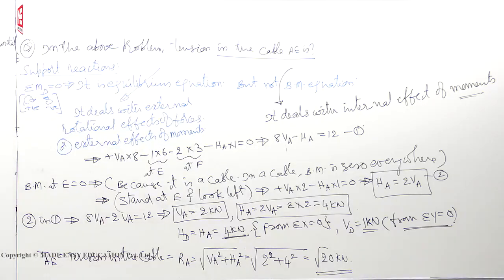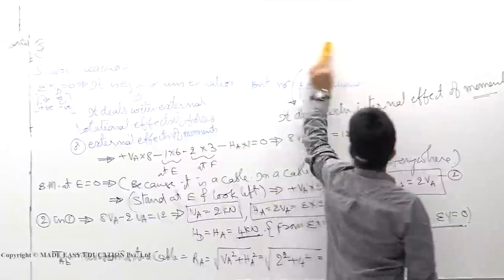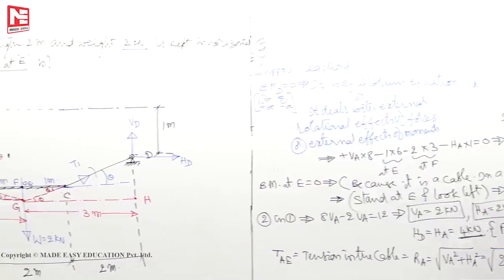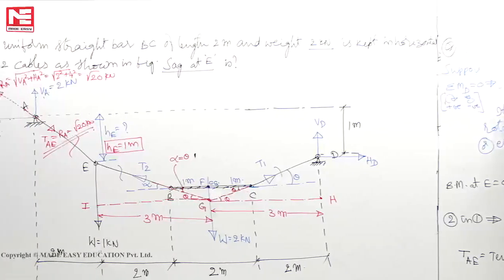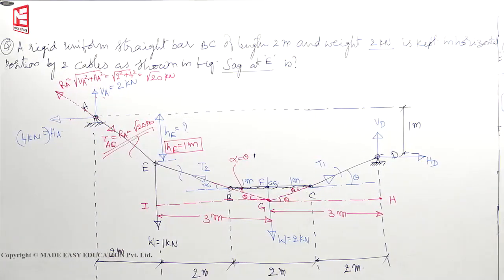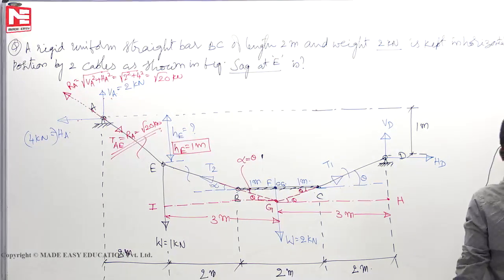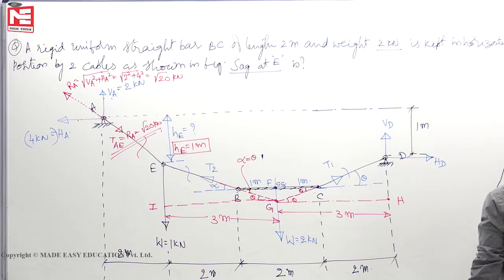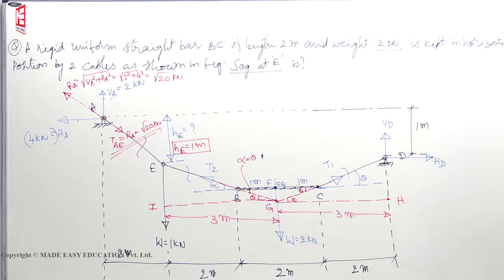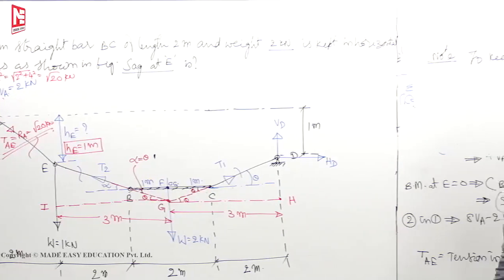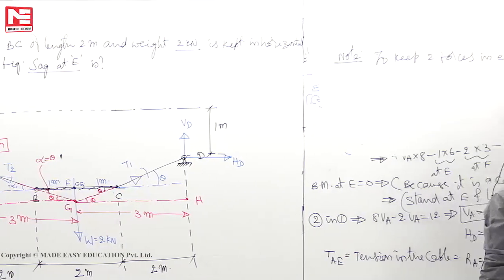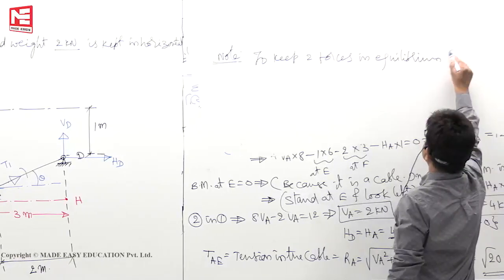So this is the concept we write. Why are they equal? Tension and RA are equal because of this reason. You can write it as a note: to keep two forces in equilibrium, what are they?